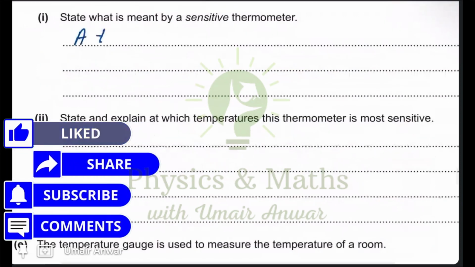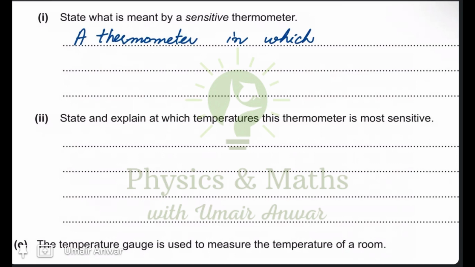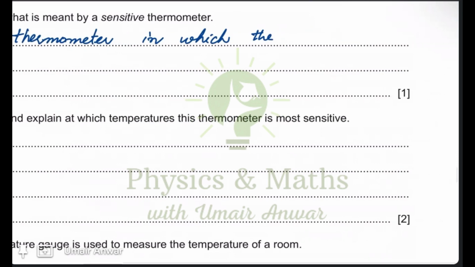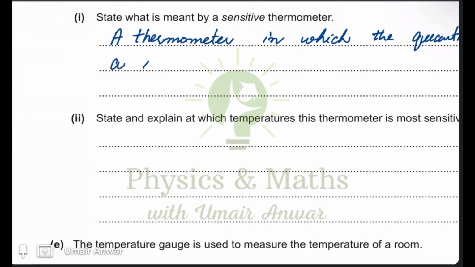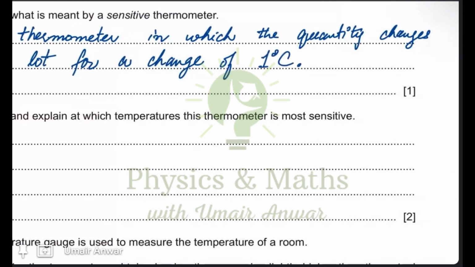A thermometer in which the quantity, like the volume of the liquid, changes a lot for a change of 1 degree centigrade.